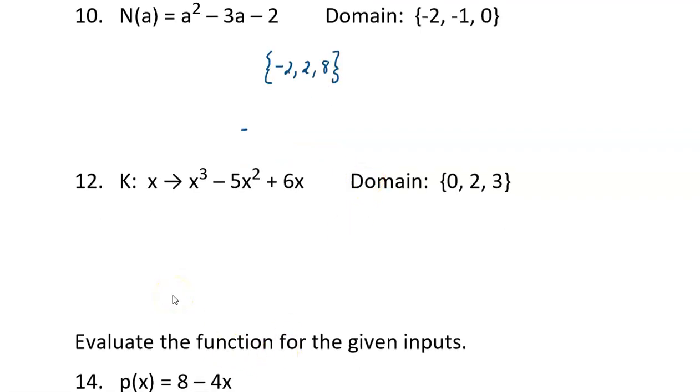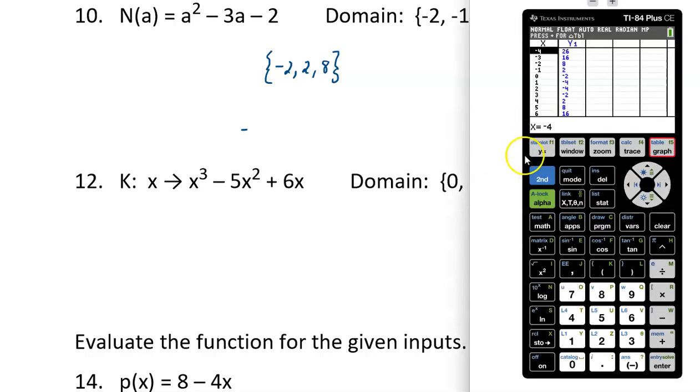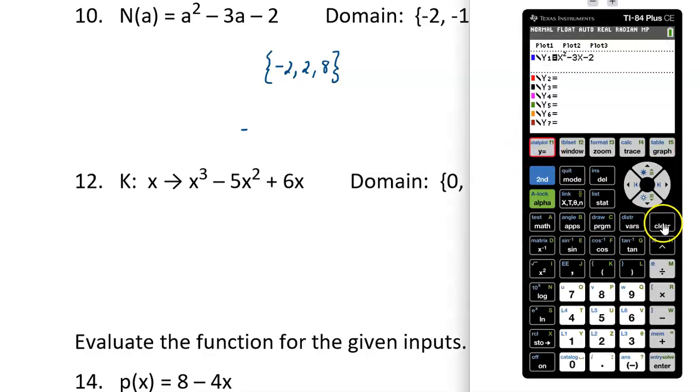Now number 12. Let's type in this function using the calculator. Push y equals, clear, and then type in x to the 3rd power. To do the 3rd power, you're going to use your exponent button, which on the TI-84 is the little arrow-looking button that's underneath the clear button.